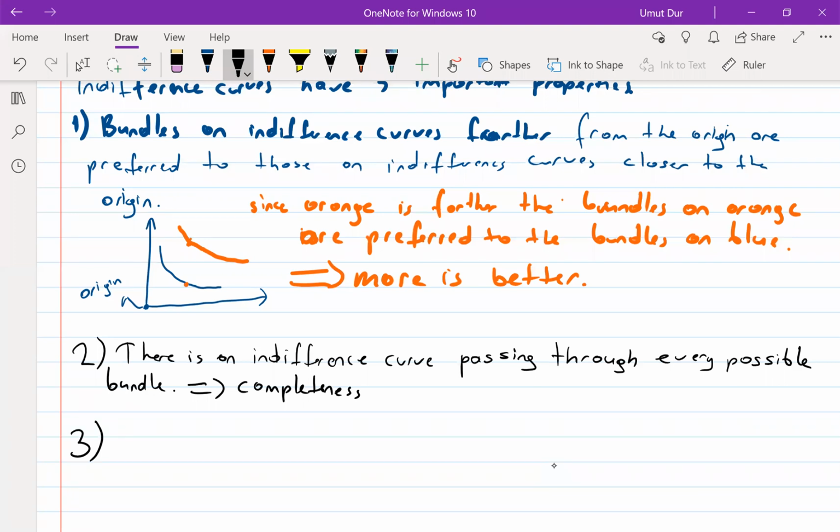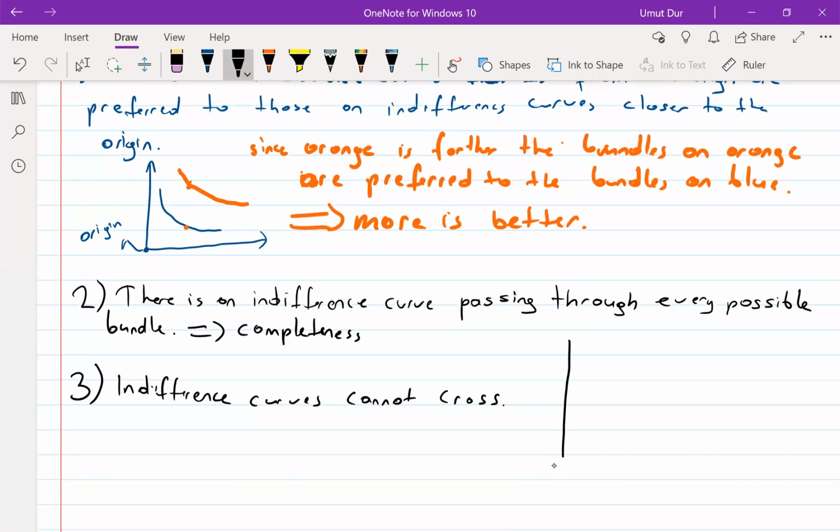The third one is: indifference curves cannot cross. What does it mean? Let's think about this graph. Let's say that this is indifference curve 1 and this is another indifference curve.